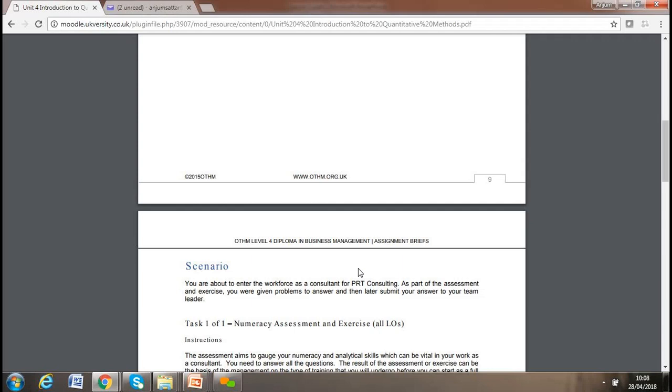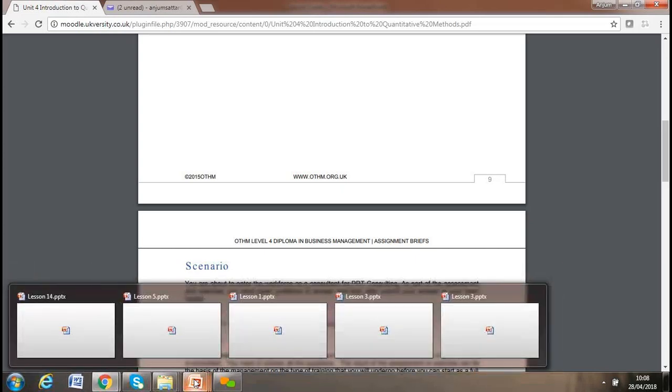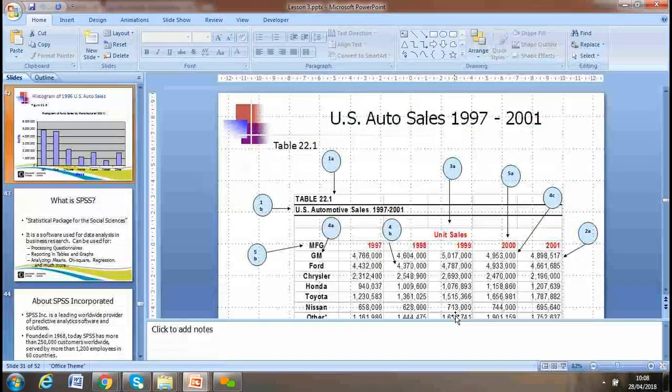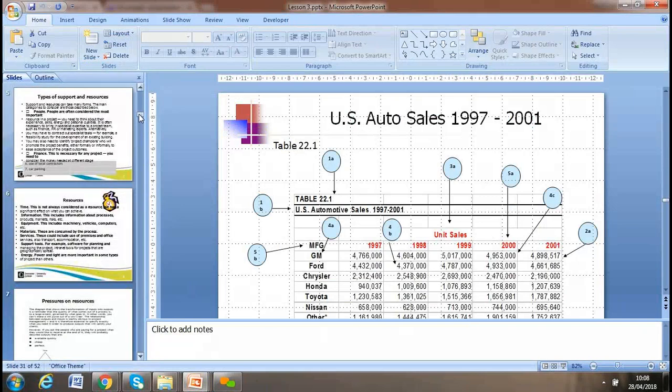Learning outcome is just numerical knowledge, but actually your assignment is more accounting and costing. I'll go through some basics with you first, and then I'll go through the assignment brief with you. Any question?